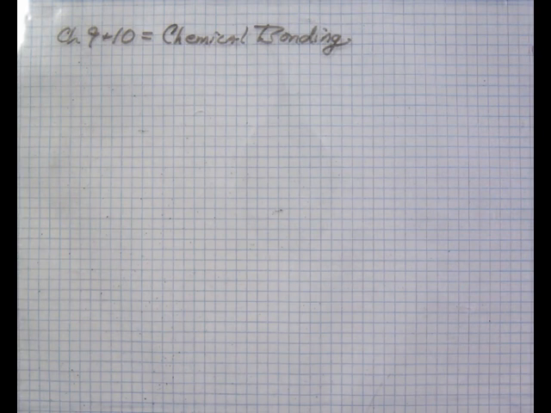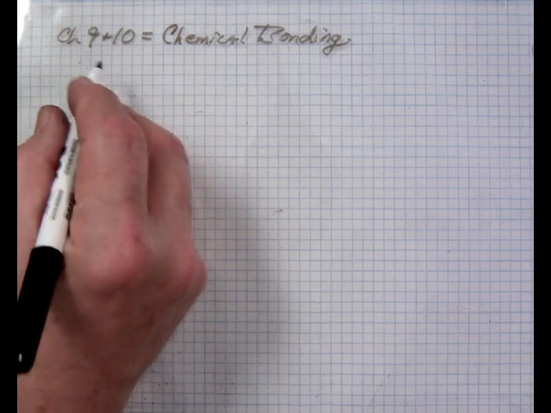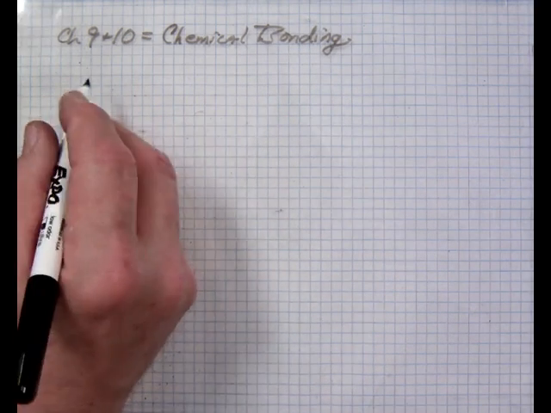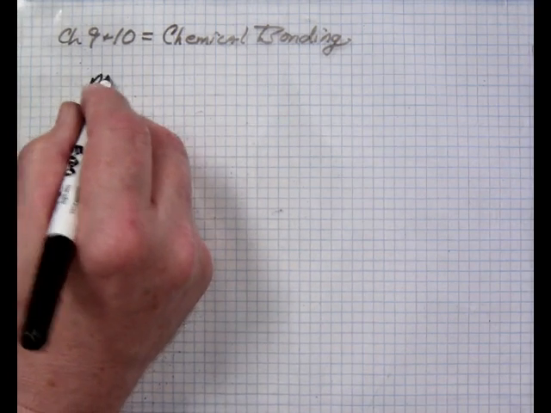There are actually 3 types of bonds. These are bond forces that hold things together in the material world. There is, of course, chemical bonding, but we have physical bonds.